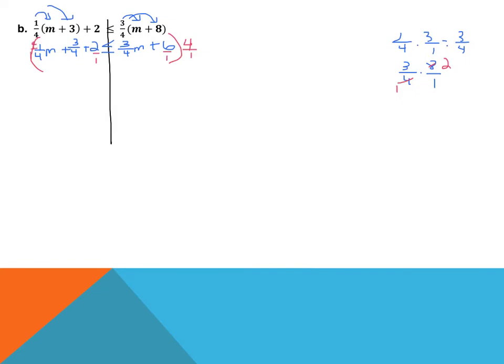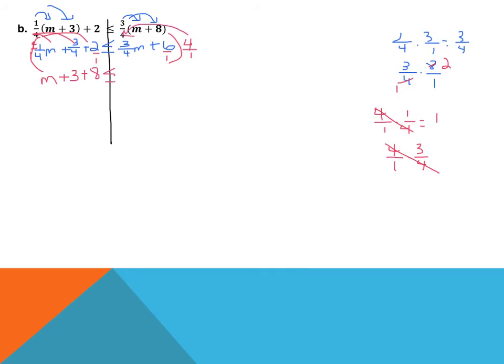So 4 over 1 times 1 over 4, the 4's cancel, so it's just m. And then 4 over 1 times 3/4. The 4's cancel, so that's going to be 3. 4 over 1 times 2 is 4 times 2, which is 8.